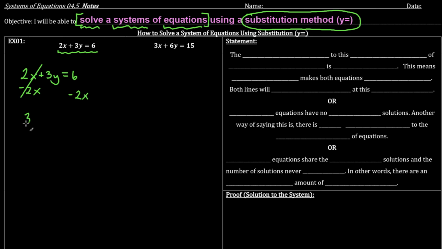And I get 3y equals negative 2x plus 6. Now I'm going to divide by 3. I get y equals negative 2 over 3x.